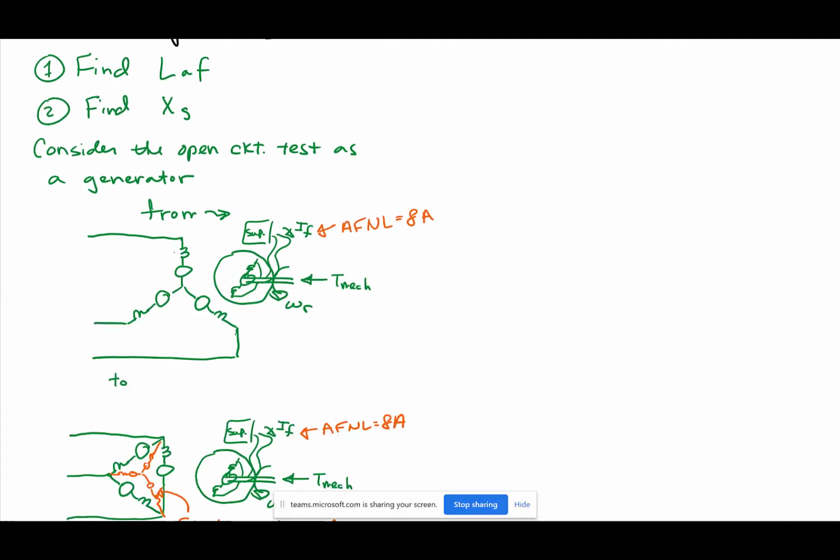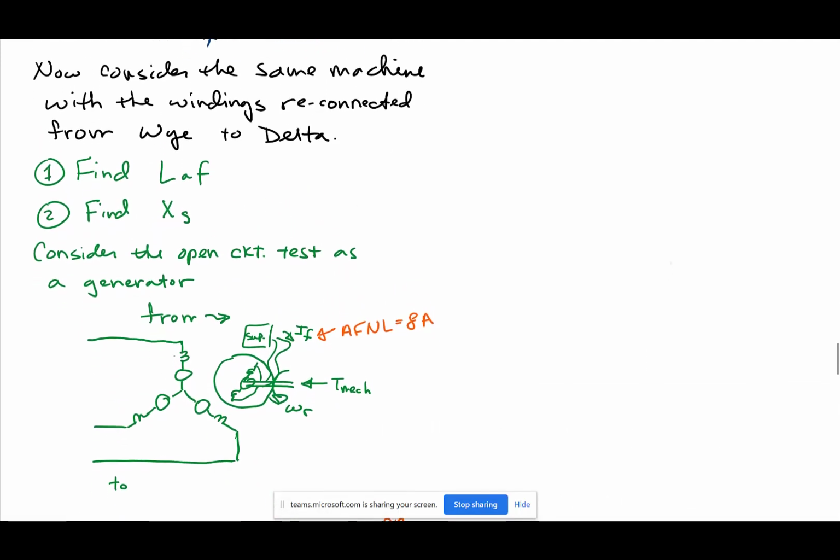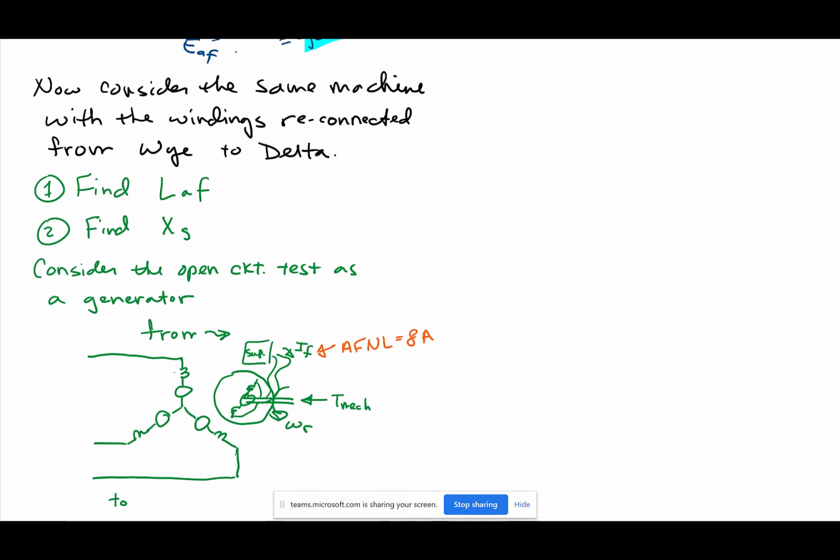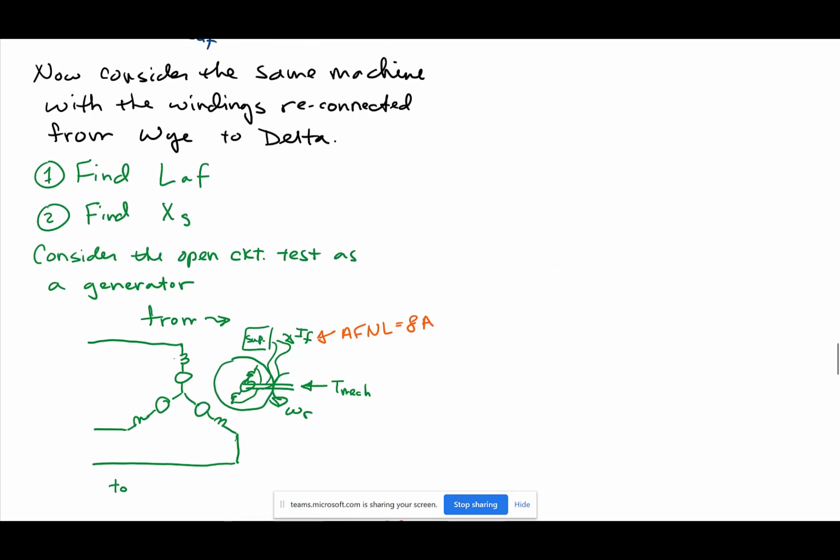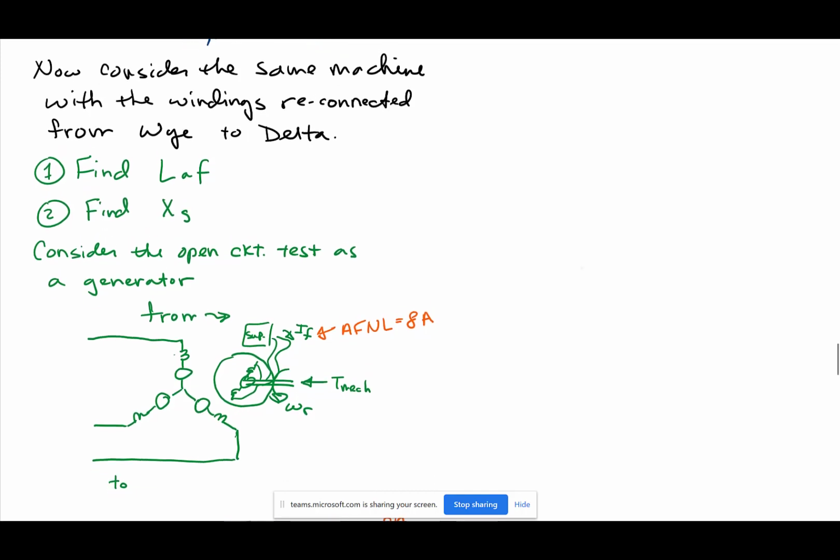I have to tell you one more thing here. What if we go back and look at this machine and say it's now a generator? Again, we're just going to redo our no-load test. What if we reconfigured the windings, or you have a different machine, the same machine but rewired to be a delta?